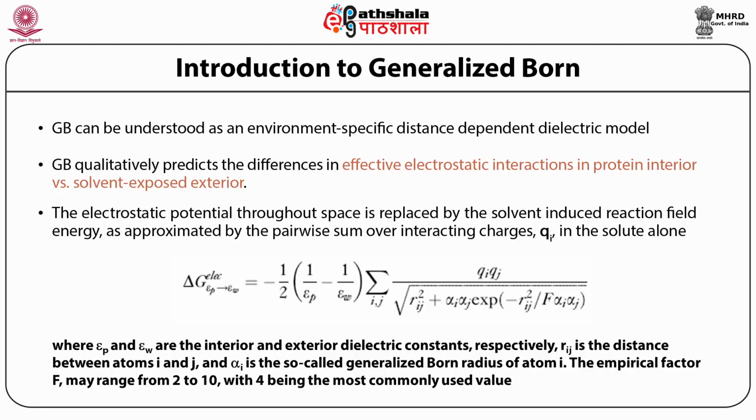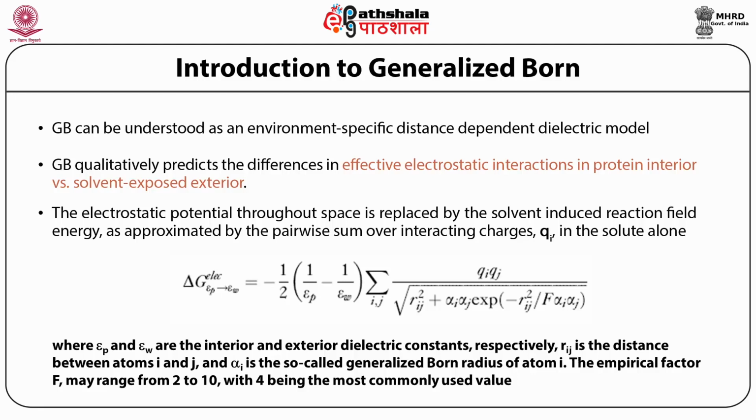But please do remember, this Born approximation takes the atom's radius as spherical, and the empirical factor, which is called F, may range from 2 to 10, with 4 being the most commonly used value. When one uses the Born approximation or generalized Born method to calculate energies, sometimes you are puzzled, and I will cite the next slide to say what other methods provide.